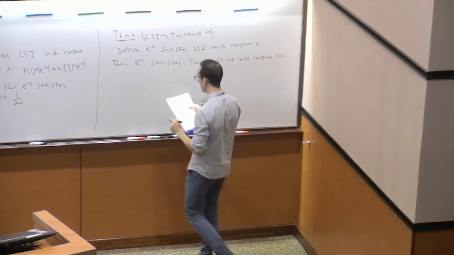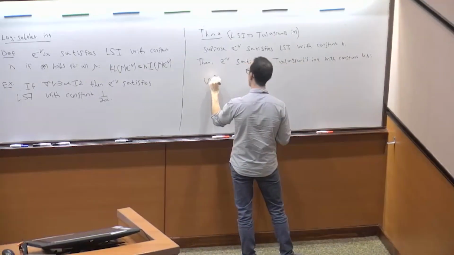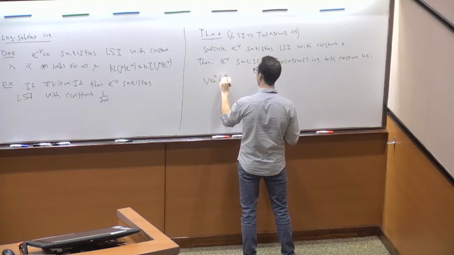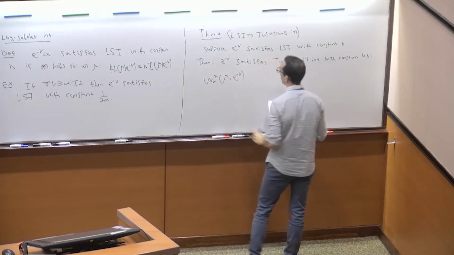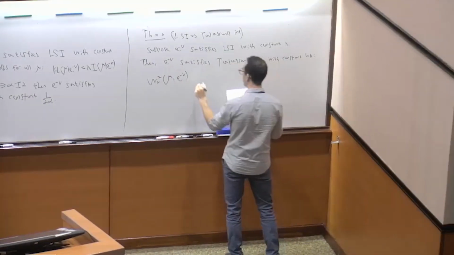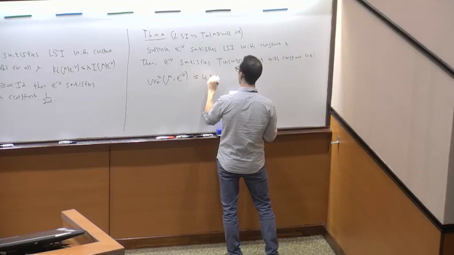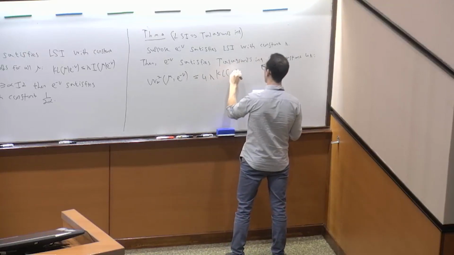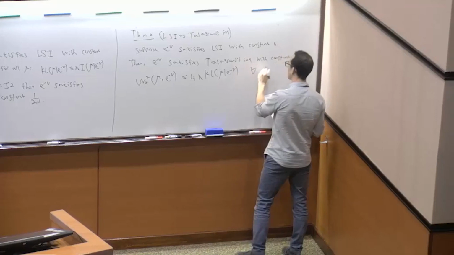And what is this inequality? It relates the Wasserstein distance between mu and e to the minus V to the KL divergence. This is for all mu.